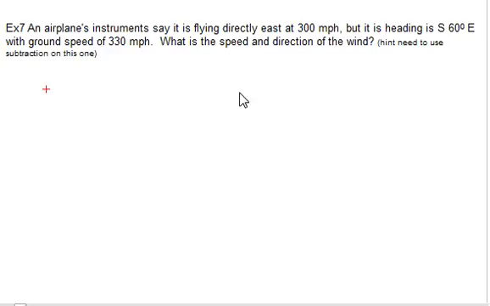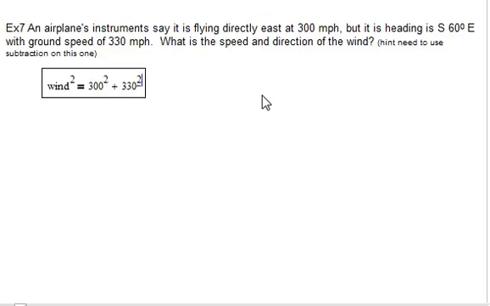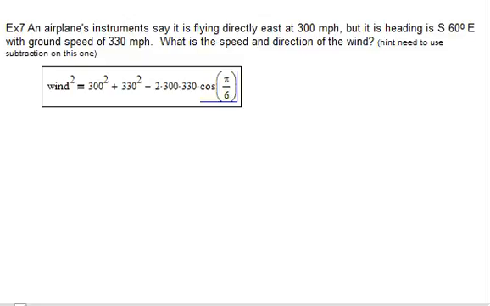According to that, the wind speed squared would be equal to 300 squared plus 330 squared minus 2 times 300 times 330 times cosine of 30 degrees, but I can't do that, so I'll say pi over 6, and that should be good.